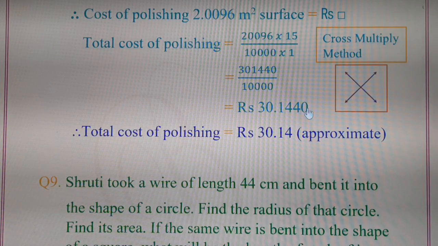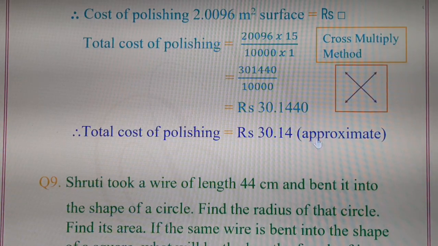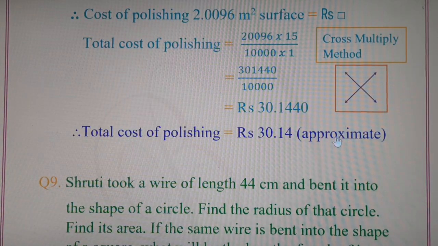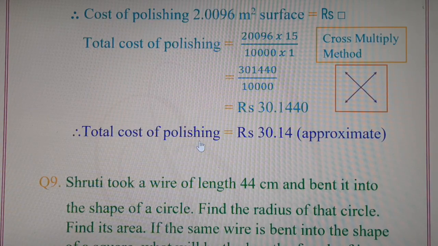The remaining 2 digits we'll round off because in currency the answer is mostly written as a 2-digit decimal number. Total cost of polishing the tabletop will be rupees 30.14. And here in bracket I have written approximate. That means a round off answer or nearby answer which we have to calculate. So approximately 30 rupees will be the cost of polishing the tabletop.